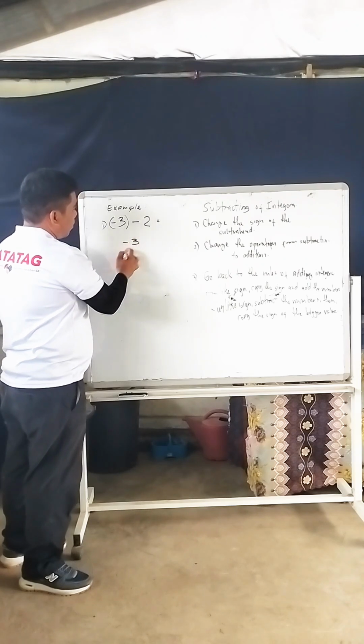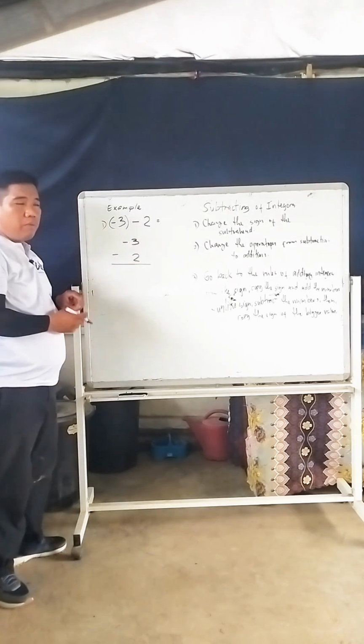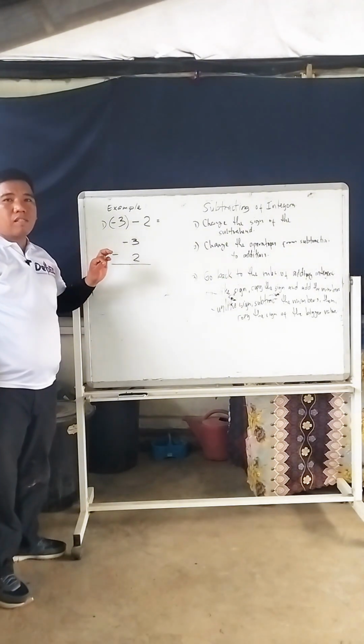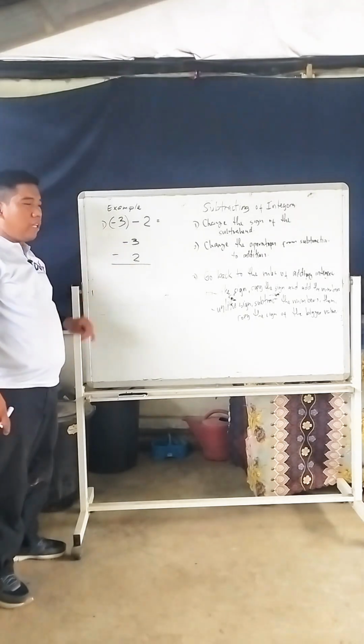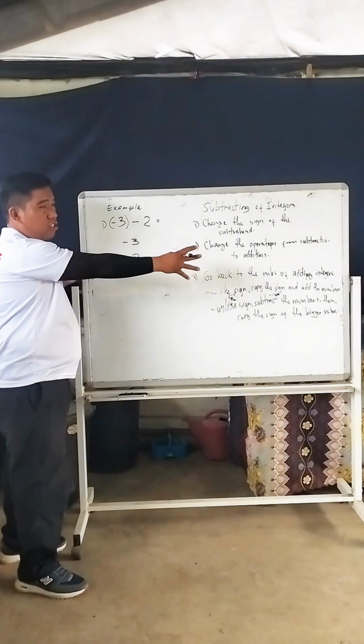So we have negative 3 minus the positive 2. We need to write, for the beginner, in this manner for you to answer this one smoothly. Okay? So again, going back to the rules of subtracting integers.